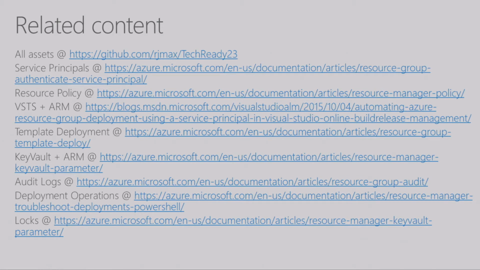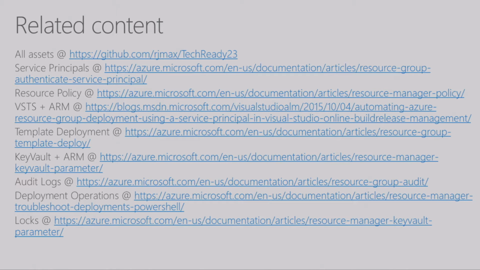We have a great overview of Resource Manager policy, as well as Visual Studio Team Services plus ARM integration that we demoed during our continuous integration and deployment demos earlier. We talk about template deployments at the link provided there, Key Vault integration with the secret storage below that, audit logs and deployment operations below that, and then locks there at the end.